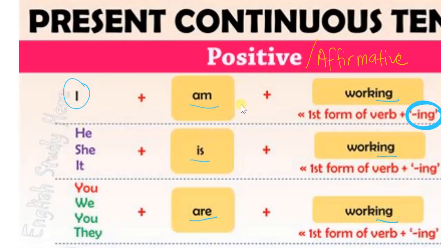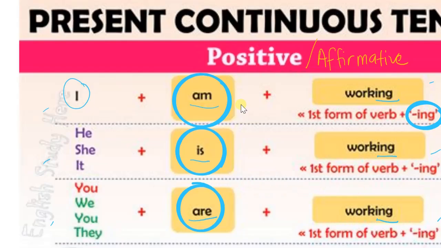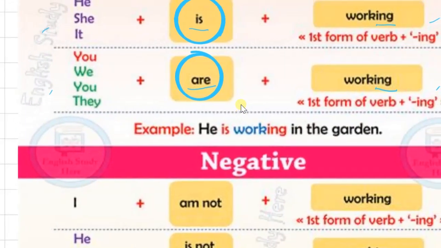The verb does not change, but the be verb does change. The plural also changes. Different pronouns are followed by different be verbs.